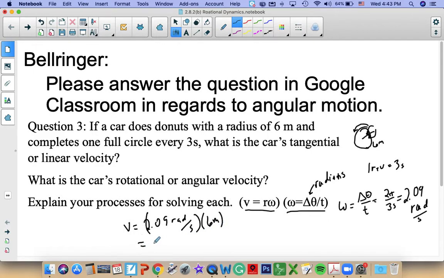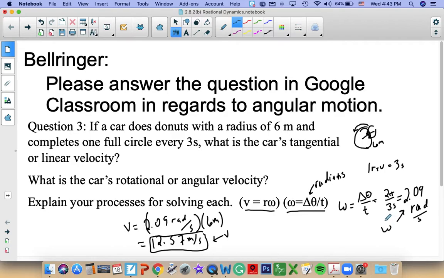You take 2.09 times 6, and we get 12.57, in meters per second. So we have our linear velocity here, which is just v, and over here we have our angular velocity of 2.09 radians per second.